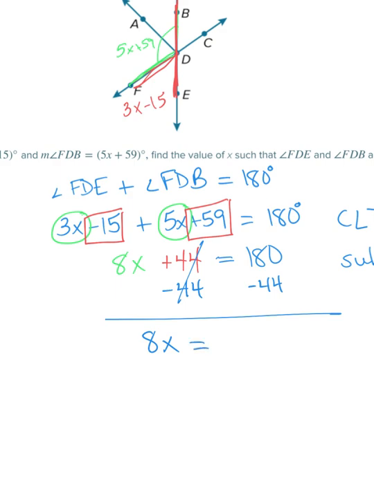And then 180 minus 44 gives me 136. And then 8x is the same as saying 8 times x. So we would divide, the opposite of multiplication is division. So we divide both sides by 8. And then x equals 17. 17 times 8 does give me 136.